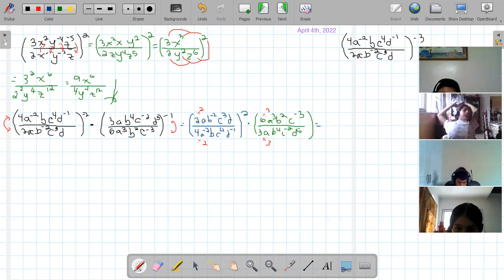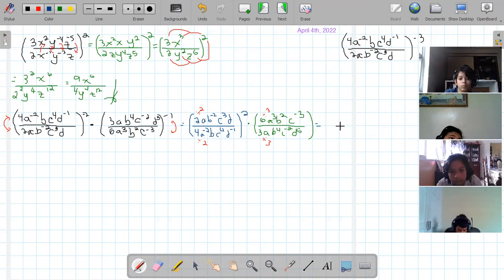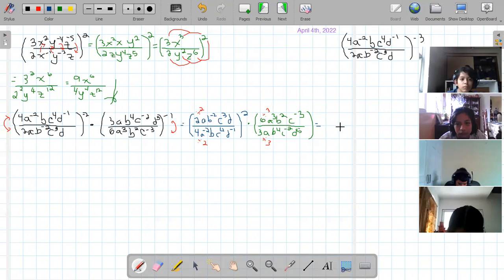How much is 2 divided by 2? 1. Do I need a coefficient 1? No, so I'm not going to place it.